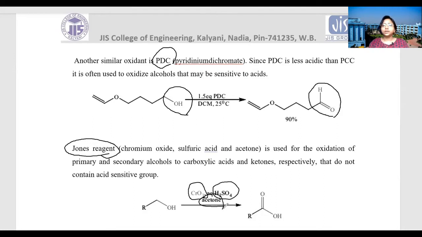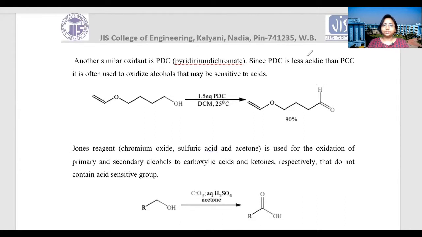It is used for the oxidation of primary and secondary alcohols to carboxylic acid. So here from the alcohol we get directly the acid, the COOH group. So we have learned to convert the alcohol to the aldehyde and also the alcohol to acid.